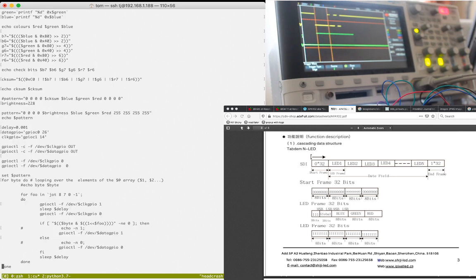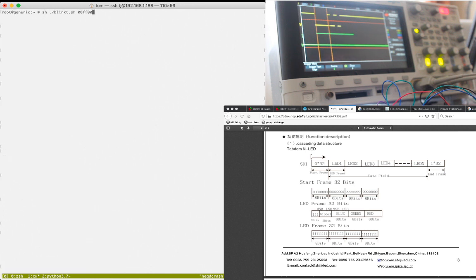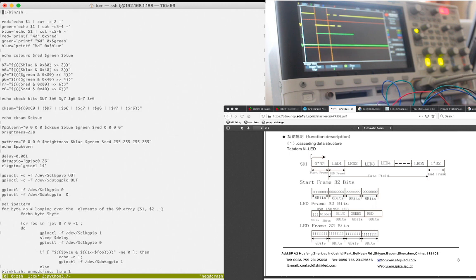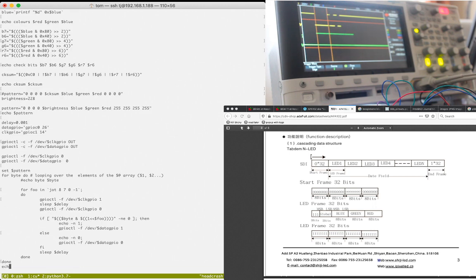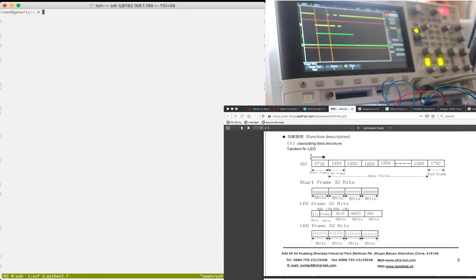So hopefully somebody left debugging in the shell script. And so we'll do this. Add an echo at the end so it's easier to count.